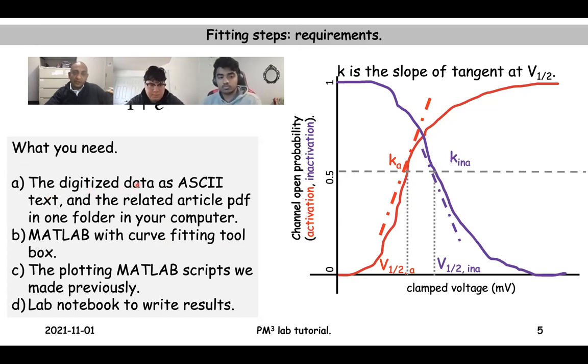Now, you have to know by reading the journal article, by processing for yourselves, that the digitized data is actually for steady states of gates and not for the corresponding time constants. We are not at the time constant stage yet. Okay, we will get there, but we have to finish with the steady states of activation and inactivation as illustrated on the right-hand side. So the digitized data is something that you're looking for.